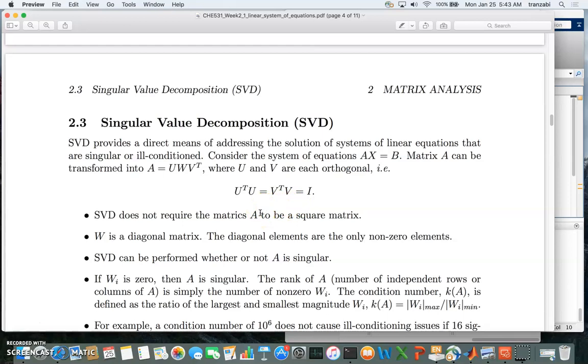Okay, so SVD is different from LU. LU factorization converts a matrix to lower and upper triangular matrices with some permutation matrix P. Okay, and so LU factorization is very much known in the community, and it's used for solving linear systems.